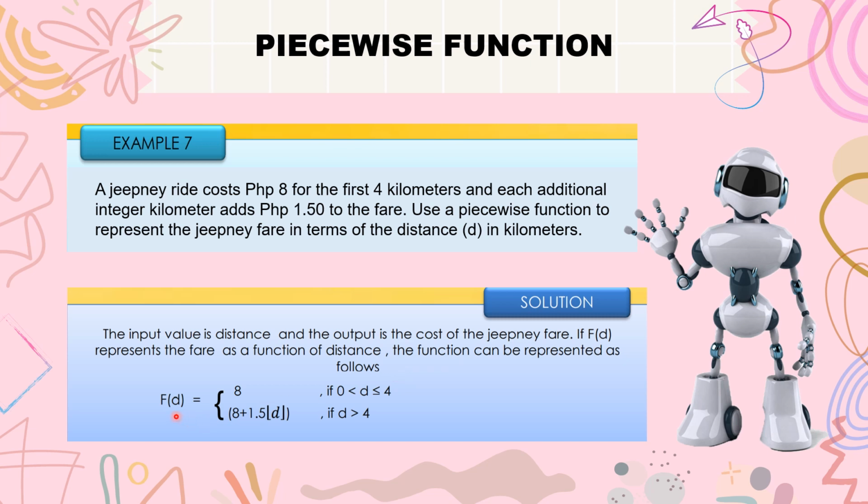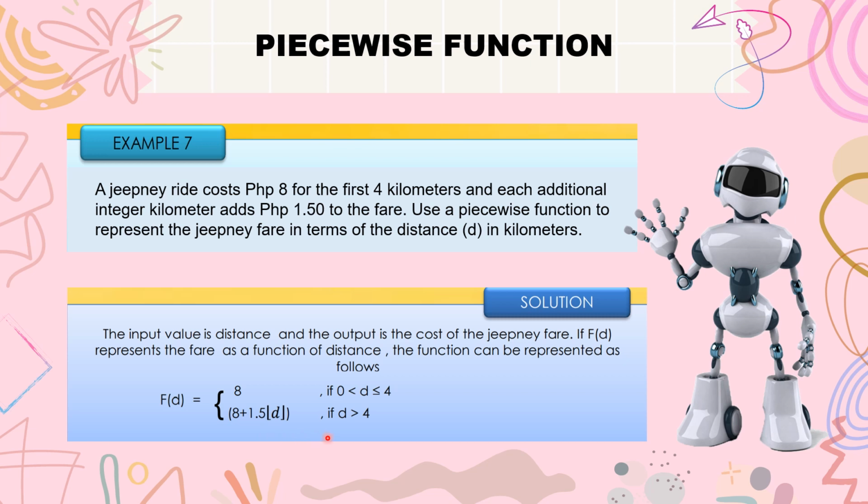Our first function is f of d equals 8, where d is greater than 0 but less than or equal to 4. Another condition is the additional fare if it exceeds 4 kilometers.